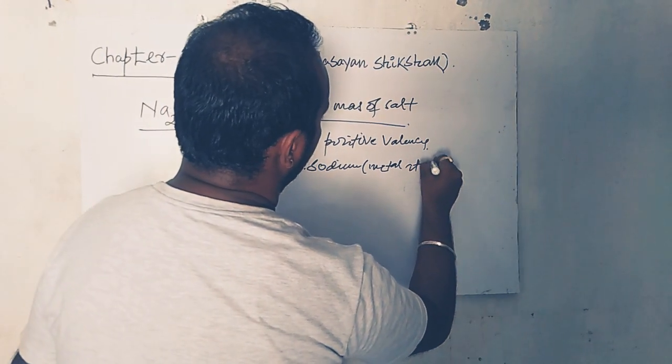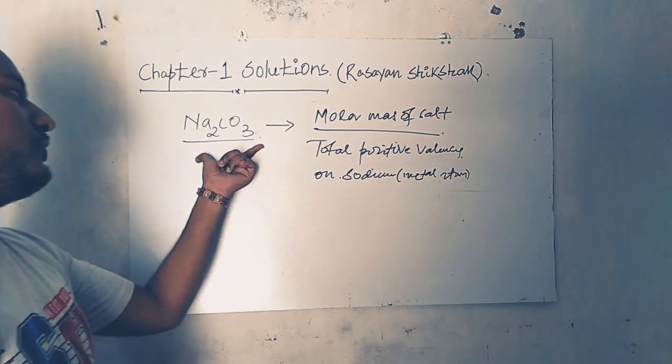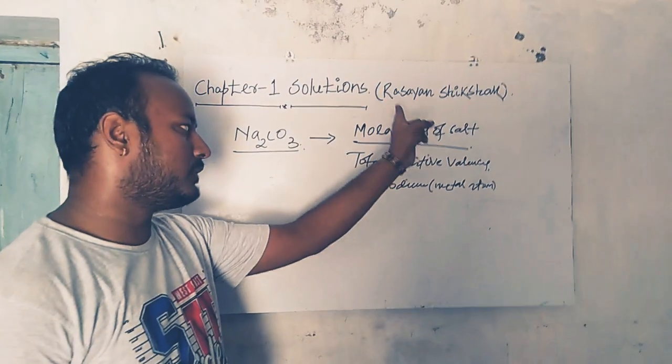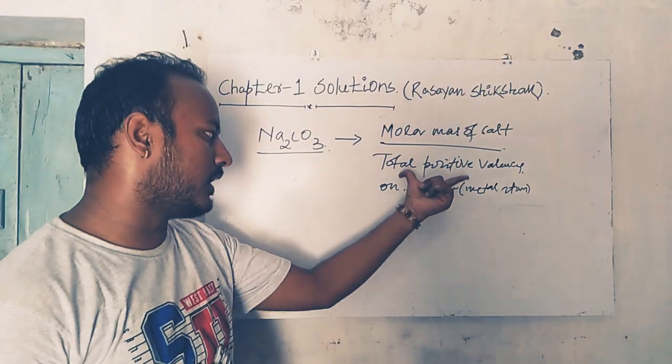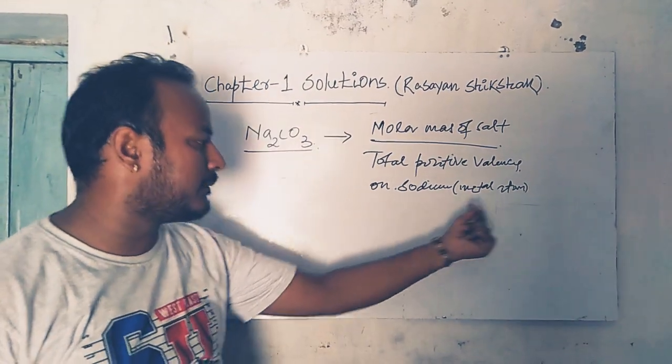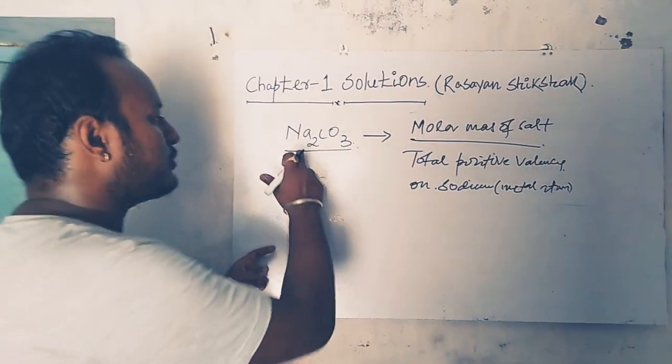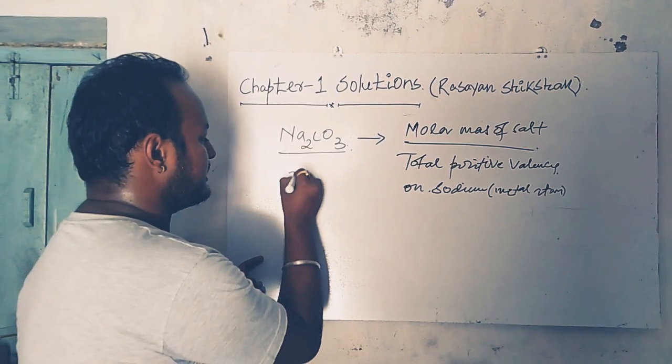So remember, you have to divide the molar mass of salt by total positive valency on the metal atom, or here it is sodium. So the total charge on the sodium here is 2.